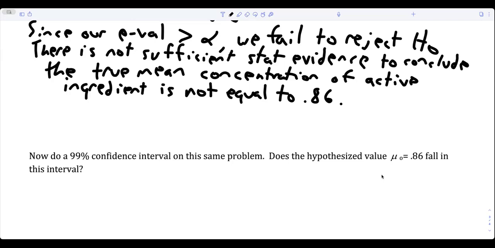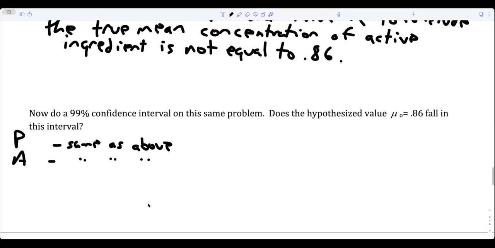We failed to reject, therefore 0.86 should be within my interval if I fail to reject. Otherwise I did some math wrong. So yes, it's going to be in the interval because I failed to reject. So parameters are the same as above. Assumptions are also the same as above.